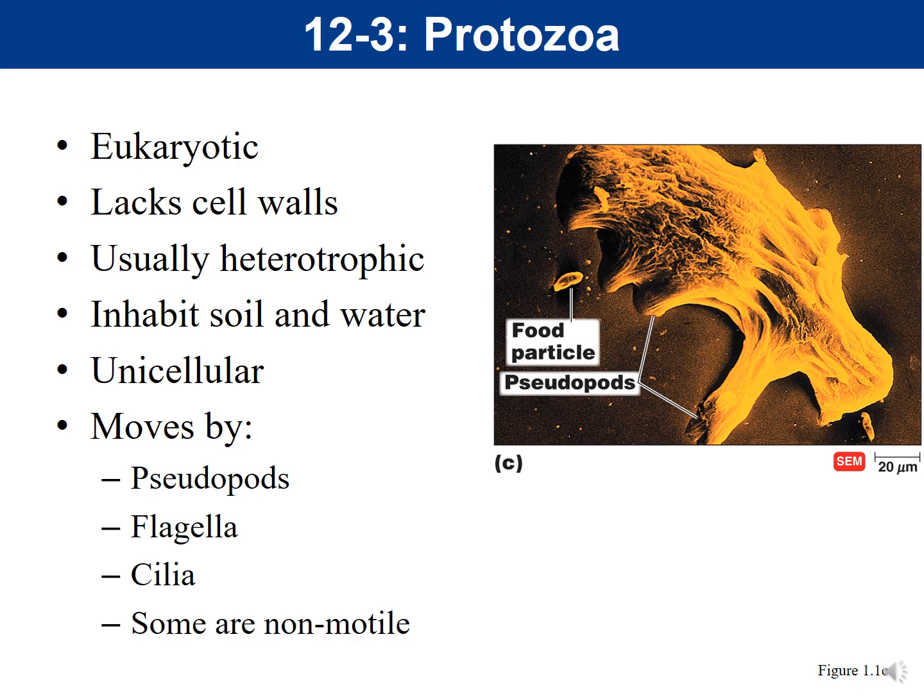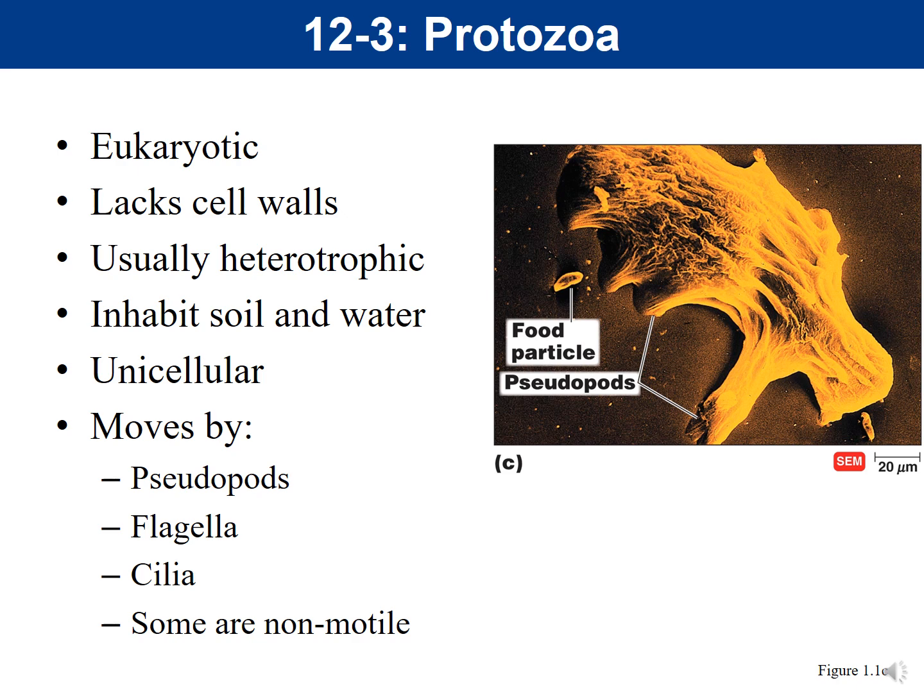Typically their environments would be soil and water. You're going to see that a lot of them are found either in soil or water. They are unicellular, which remember means that they exist as one single cell.